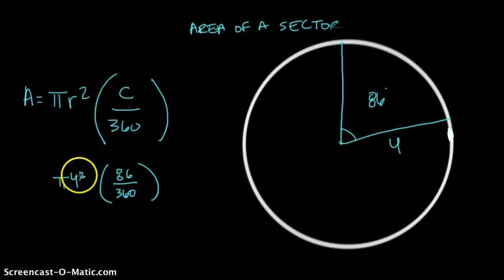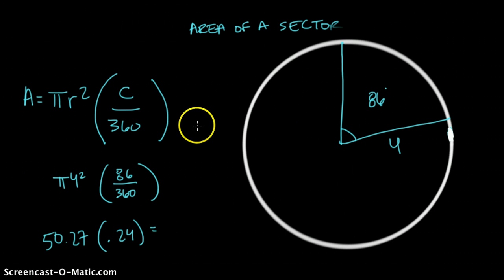Pi times 16, which is 4 squared, is 50.27. 86 over 360 is 0.24. Now, 50.27 times 0.24 is 12.